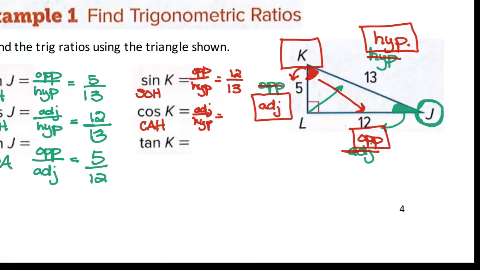The adjacent side to angle K is 5 over 13. Tangent of K, that's TOA. That means the opposite divided by the adjacent side. And that is going to be 12 over, or divided by, 5.